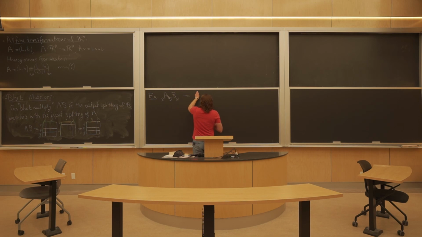I know now that when I take this product, it's going to be a 3 by 2 matrix. The number of rows of B has to match the number of columns of A, and when I do this multiplication, the end result is going to have 3 rows and 2 columns. There is no splitting in it.